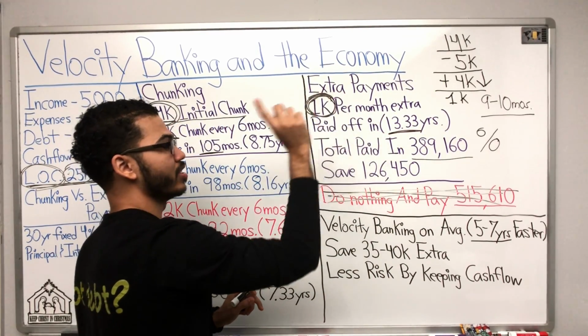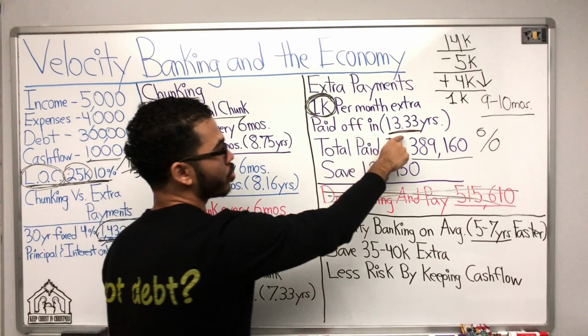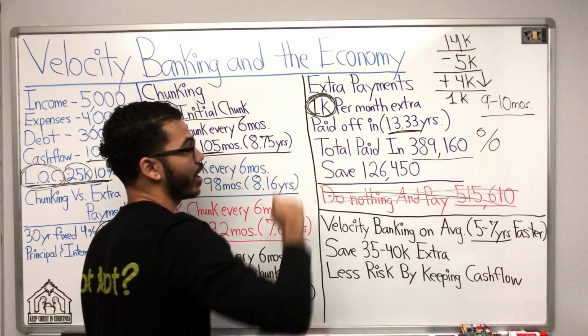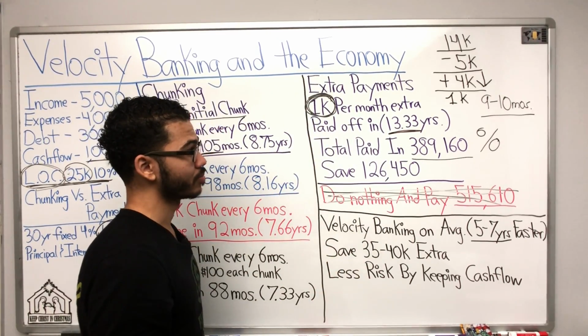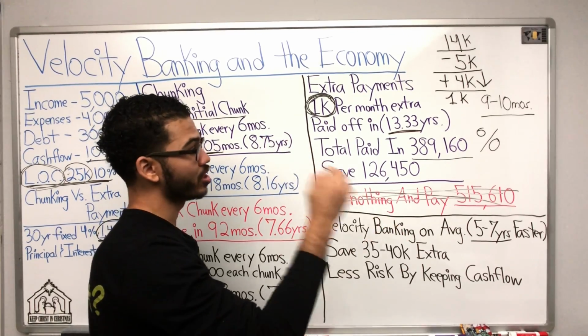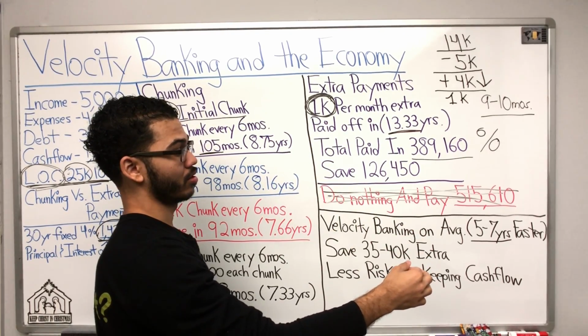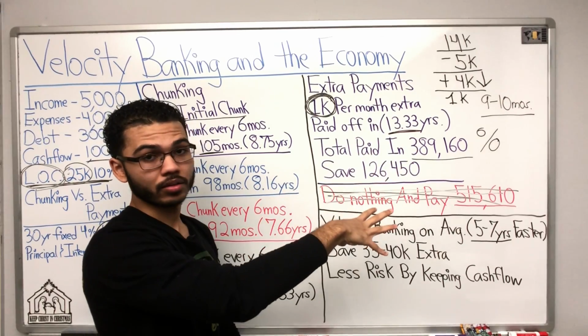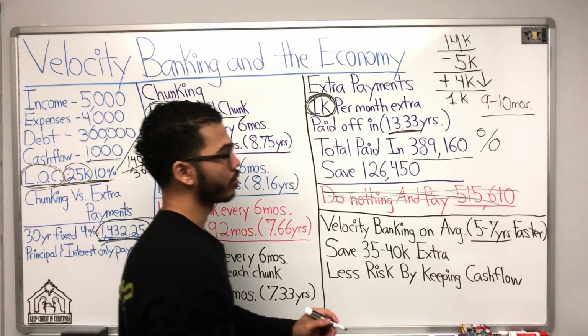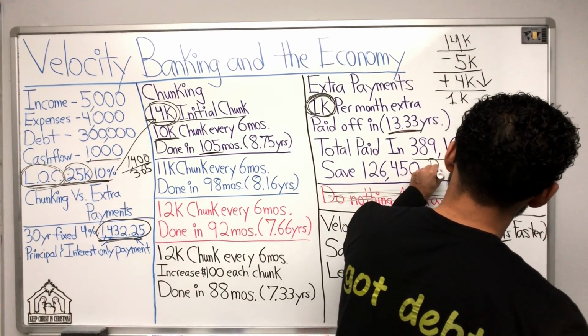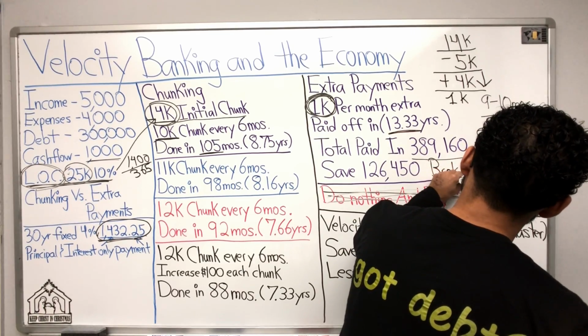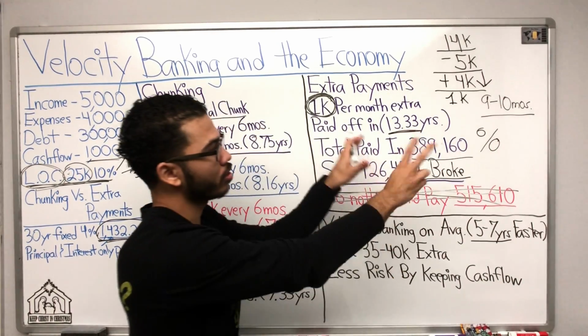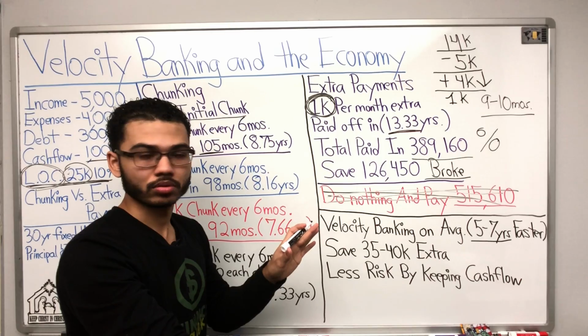Which is why, in this 13.33 years that you were paying $1,000 each and every month, when it's all said and done, when you're debt free, guess what? This person right here is broke. Why? Where's all their money? Gone.